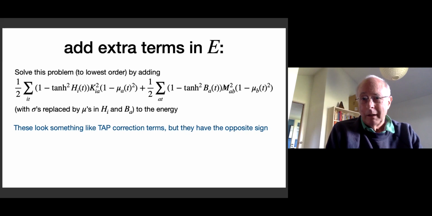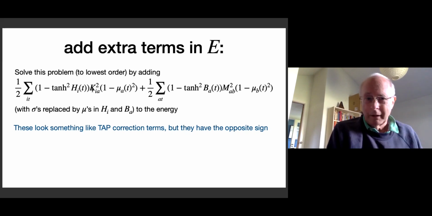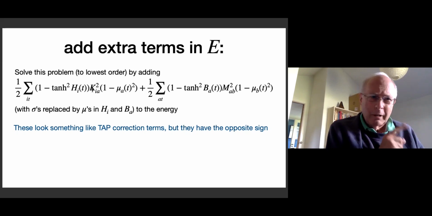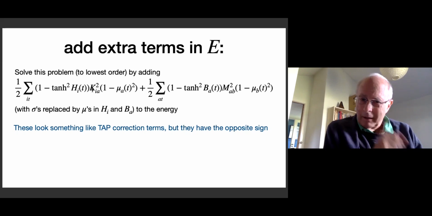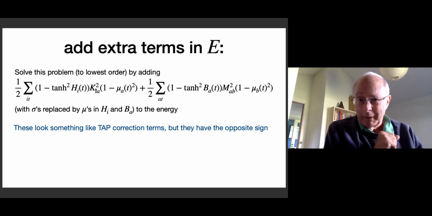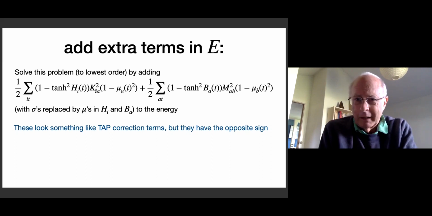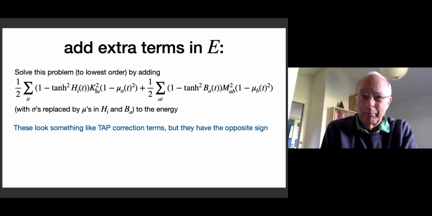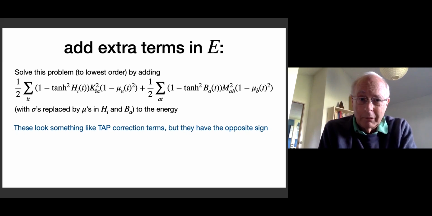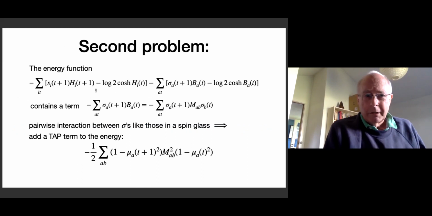It's another one. Same here. And what comes in the middle is a coupling squared. So it's looking sort of like TAP. But if you look carefully, the sign is the opposite. So it isn't really a TAP term. It's just the way you compensate for this bad counting that it would have done if you blindly replaced the sigmas by mu's. Okay, so there's a second problem.